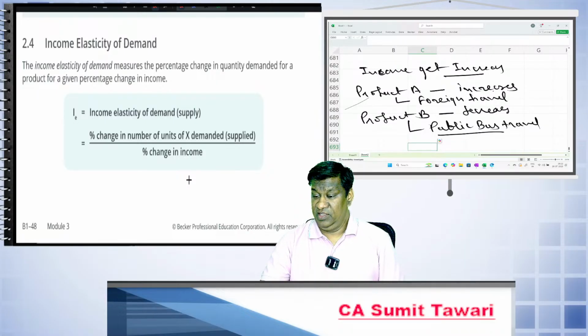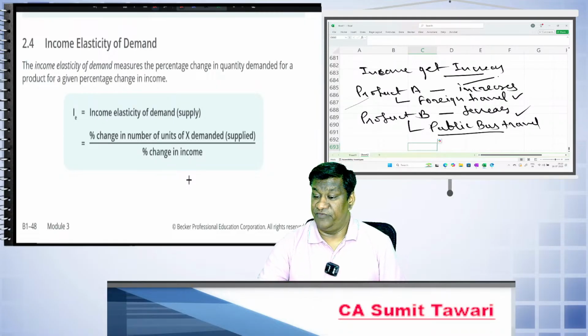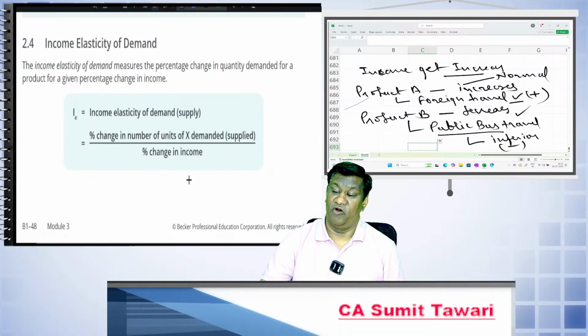That's why the demand for product A increases. Product A we consider as normal, so the elasticity with respect to income is positive. And product B we consider as inferior.